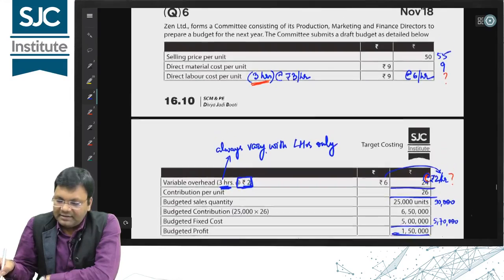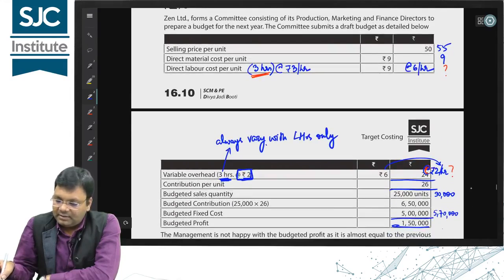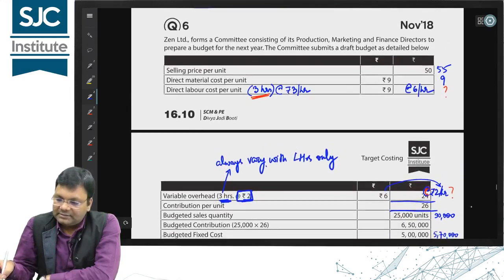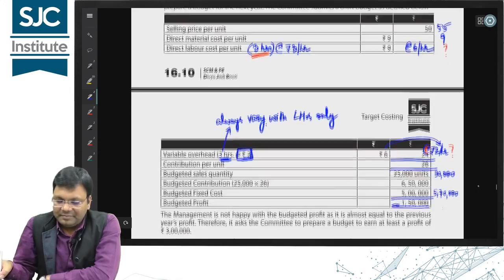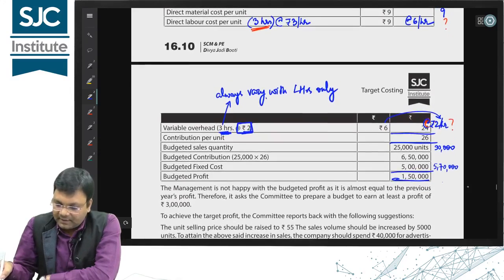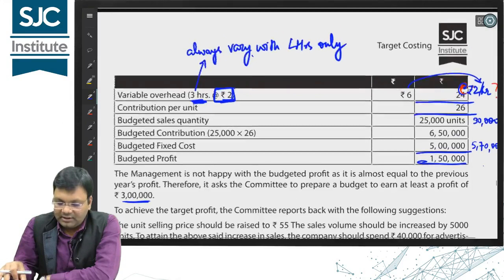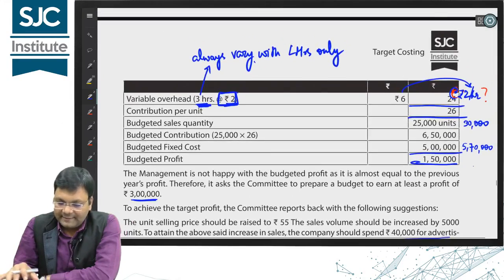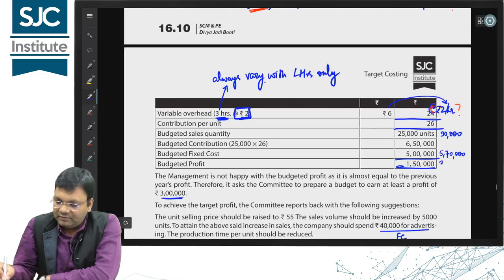So what is given here? Let us check once again. They are saying that this is the current budgeted statement. Management is not happy, so it asks the committee to prepare a budget to earn at least a profit of rupees 3 lakh. So from this 1,50,000, what we want is 3 lakhs profit.